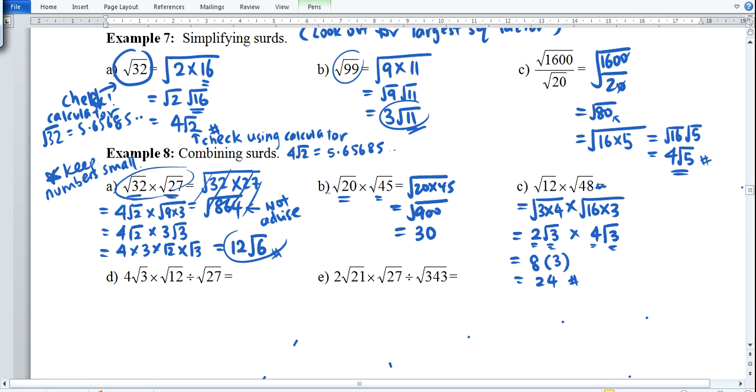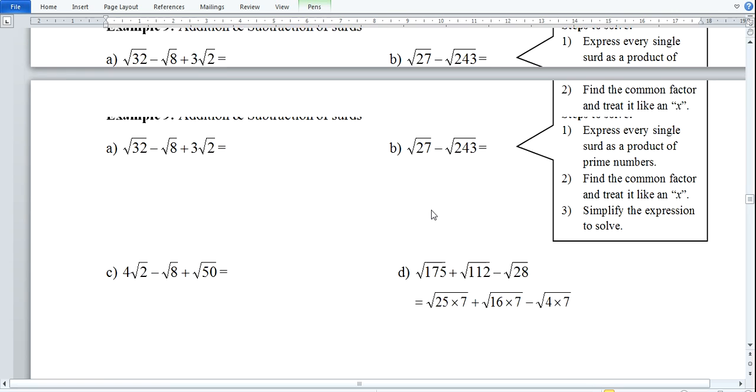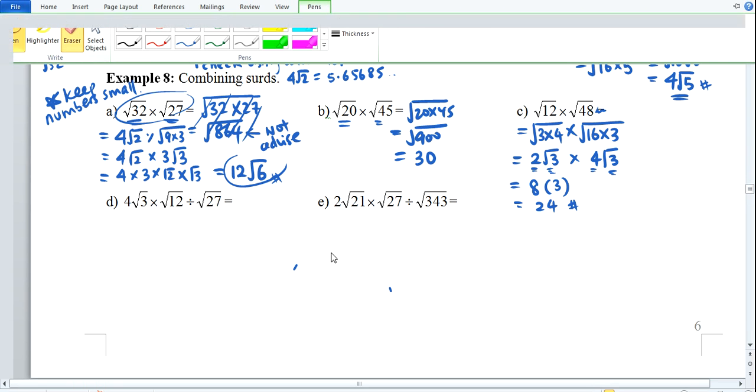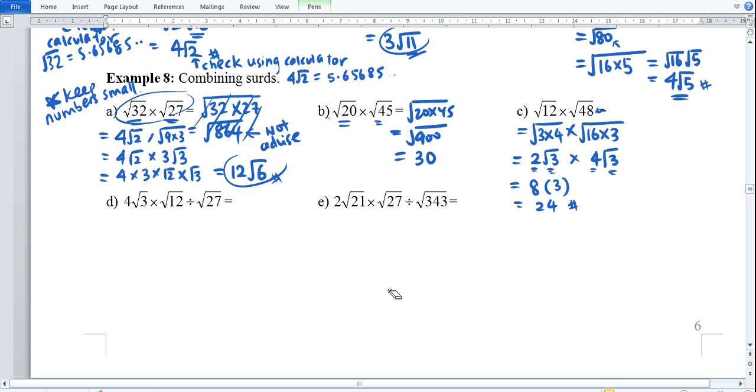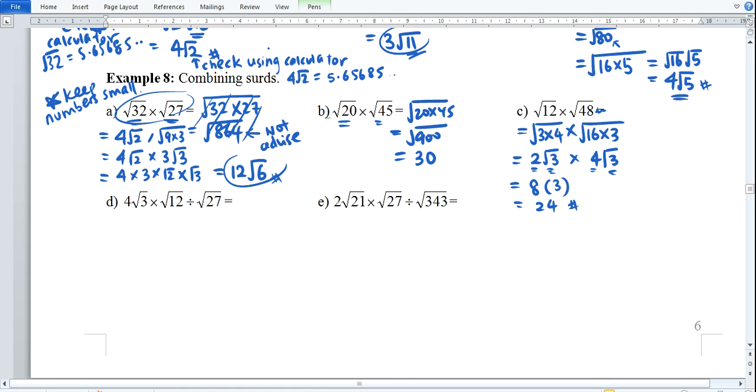Now let's look at the next question. If I have a divide here, what should I do? Again, I can choose to keep things small. I have a square root 12 here that I can still simplify.